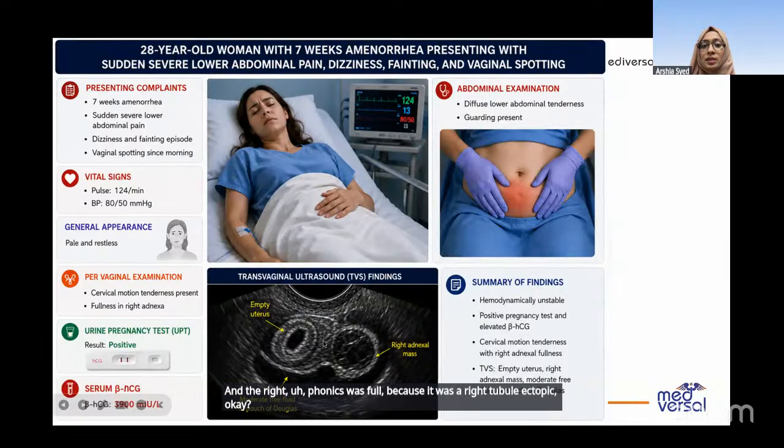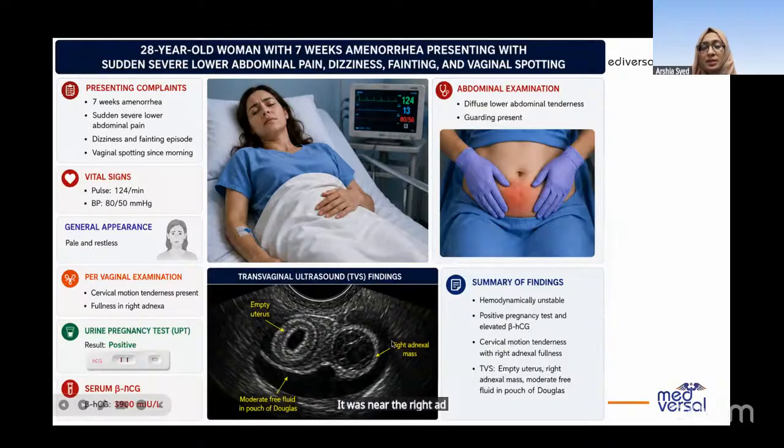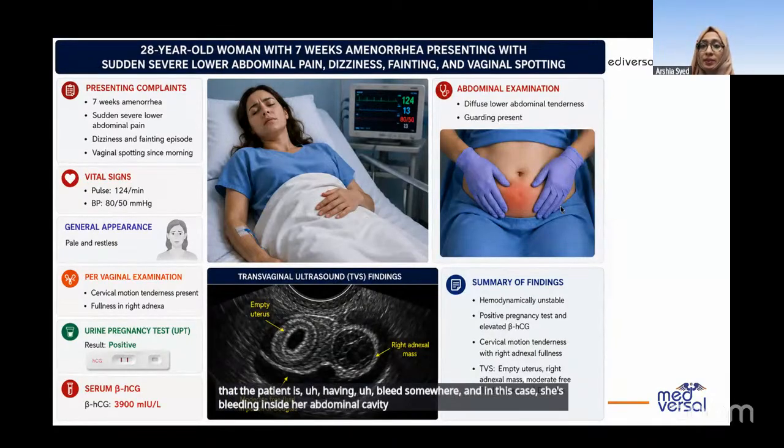Okay, it was near the right adnexa, that means the right tube. And the hemodynamic instability says that the patient is having a bleed somewhere, and in this case she is bleeding inside her abdominal cavity. Yes, she is in a state of shock.